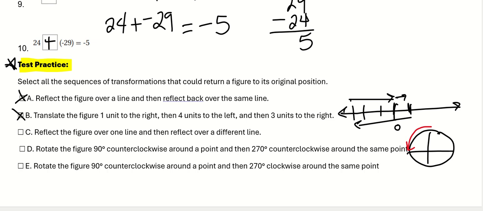And then it says, then 270 degrees still counterclockwise around the same point. So this is my point, right? It's the middle. There we go. There's my point in the middle. So now I'm going to do 270 degrees counterclockwise, same direction. Okay.